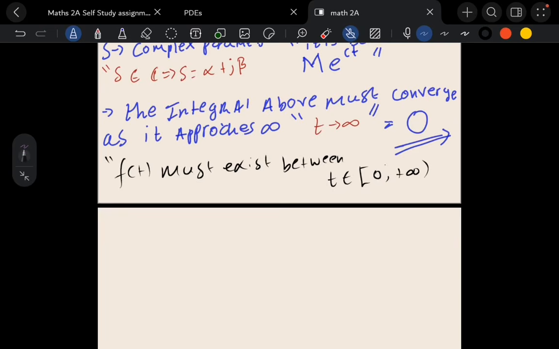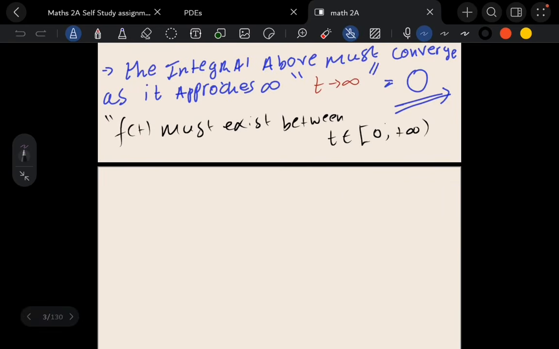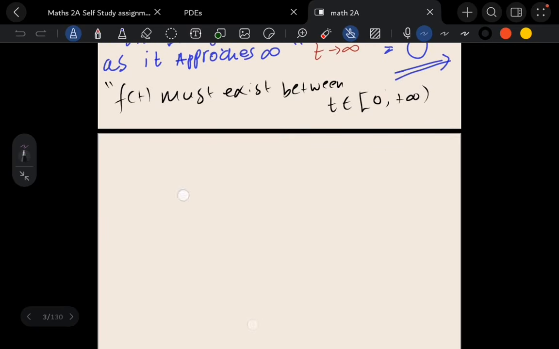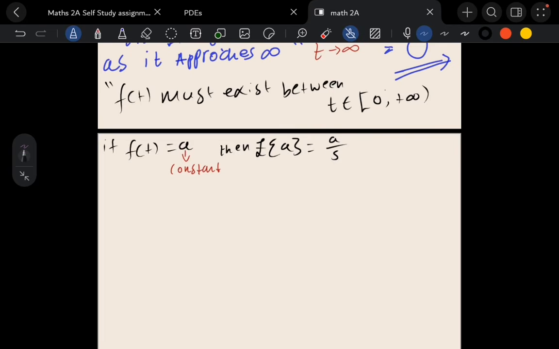Now we have seven functions that you need to know how to take the Laplace transform of. The first one: if f of t is equal to a, where a is a constant, then the Laplace transform of a is a over s. Do you understand that?